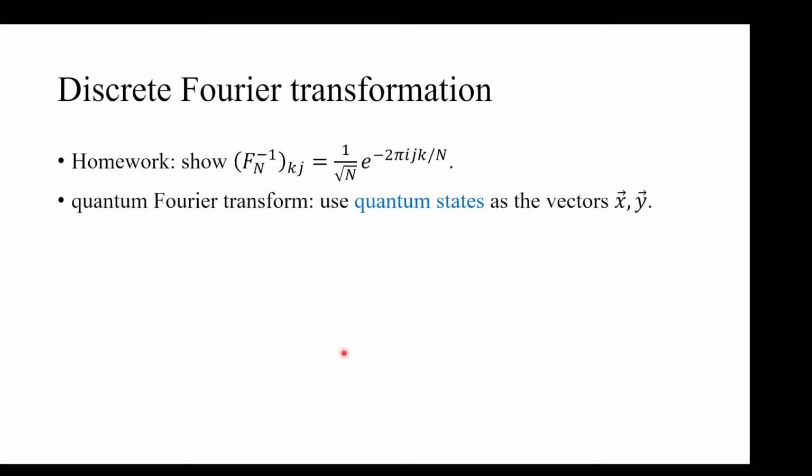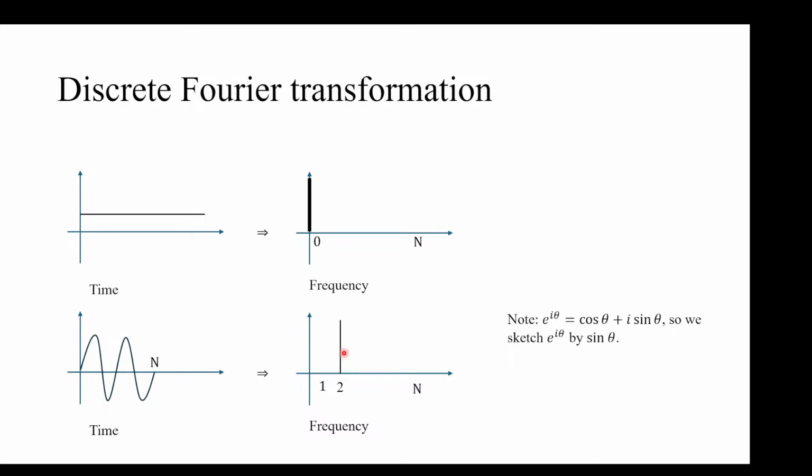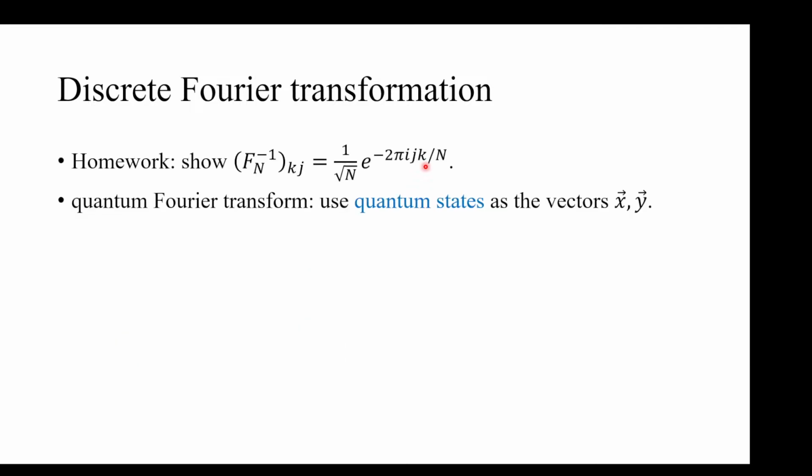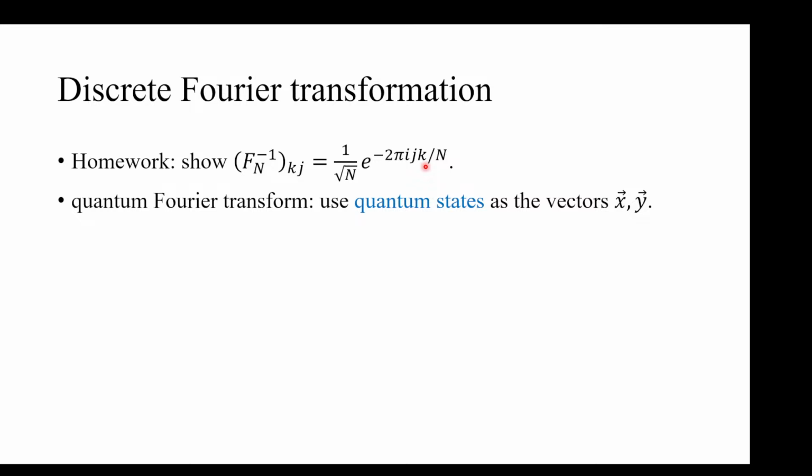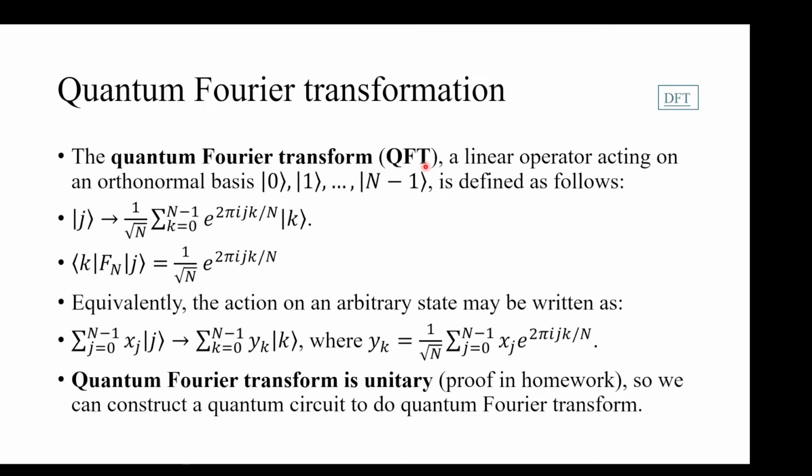analysis. But now we want to talk about quantum computing. The Fourier transform is traditionally already a very useful thing, and we want the quantum version of it. And like we hinted, the quantum Fourier transform is basically just a discrete Fourier transform, but with the input and output being quantum states.